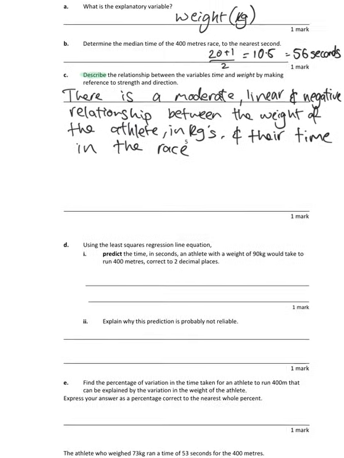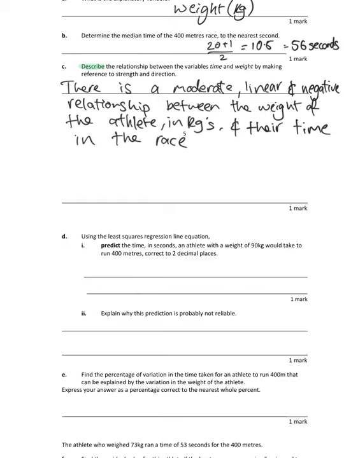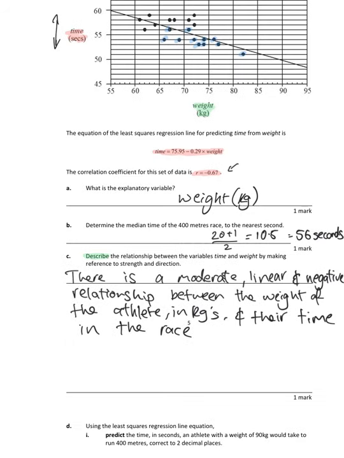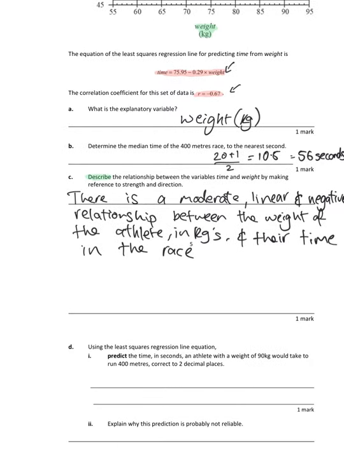All right, moving on. Using the least squares regression line equation, predict the time in seconds an athlete with a weight of 90 kilograms would take to run 400 meters, correct to 2 decimal places. So we know that the weight of the athlete is 90. We're going to sub that into this equation up here to find the time. So it's going to be time equals 75.95 minus 0.29 times the weight of 90.